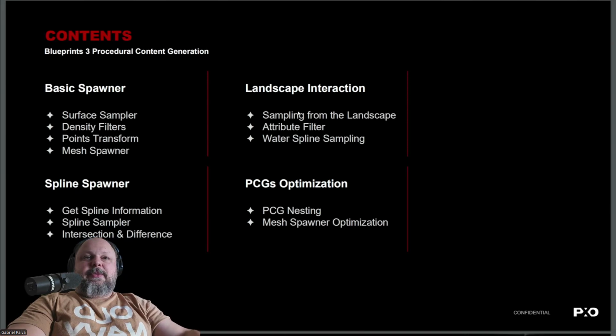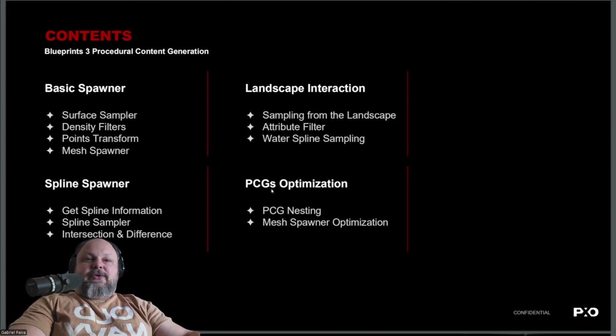And then we're going to be talking about landscape interaction, how it can actually read out information about your landscape. Mostly, it's going to be about the layers, right, the painting layers, and how we can make good use of them to force our PCG to obey, in terms of where it should be growing and where it should not be growing.